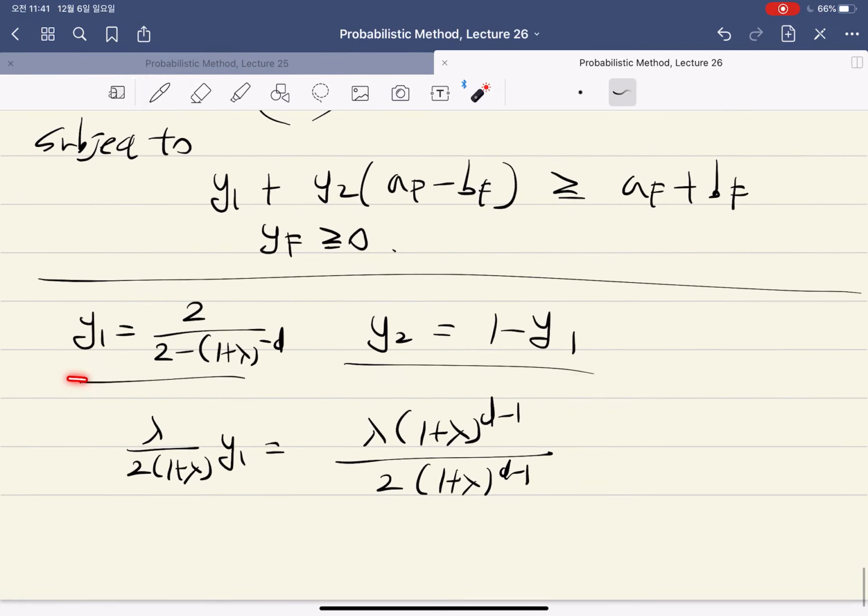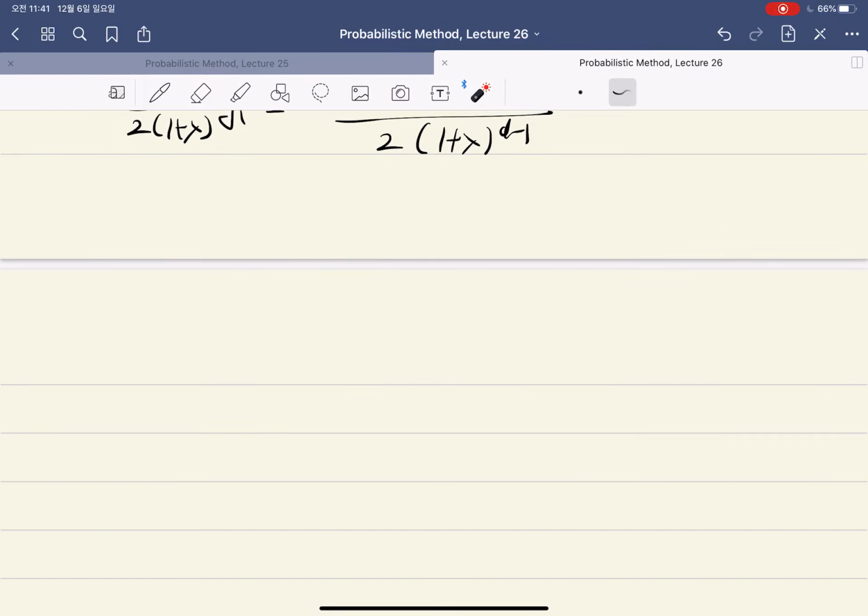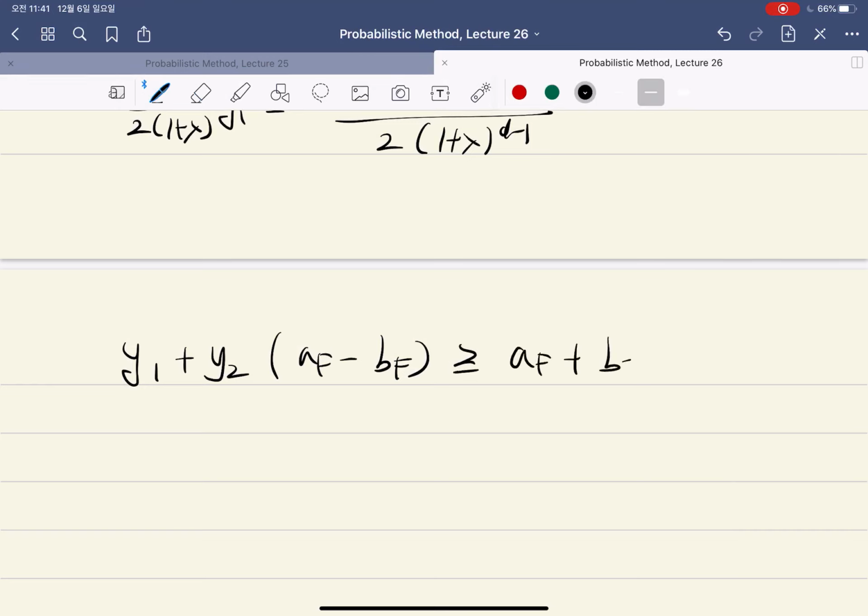So with this choice, does it satisfy? With this choice, we need to show that this holds for all f.